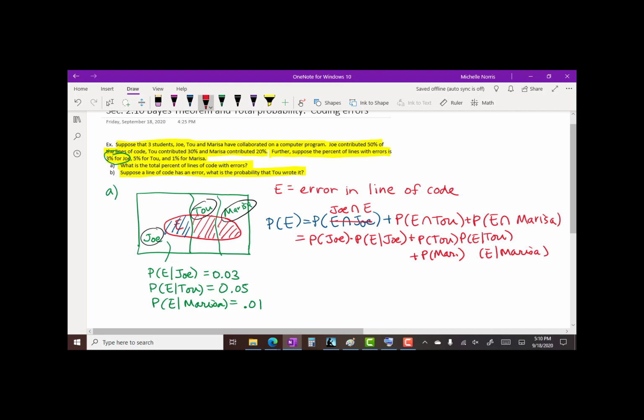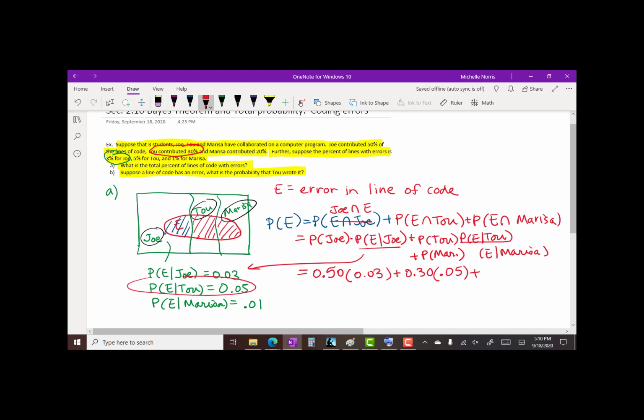So now we can just plug in the things that we know. We know that Joe wrote 50% of the code, so the probability that a random line of code was written by Joe is 0.50. The probability of an error, given it was written by Joe, is 0.03. That's over here. The probability 2 wrote the line of code is 0.30, up here, 2 contributed 30%, times the probability of an error, given that 2 wrote it, which was 0.05.